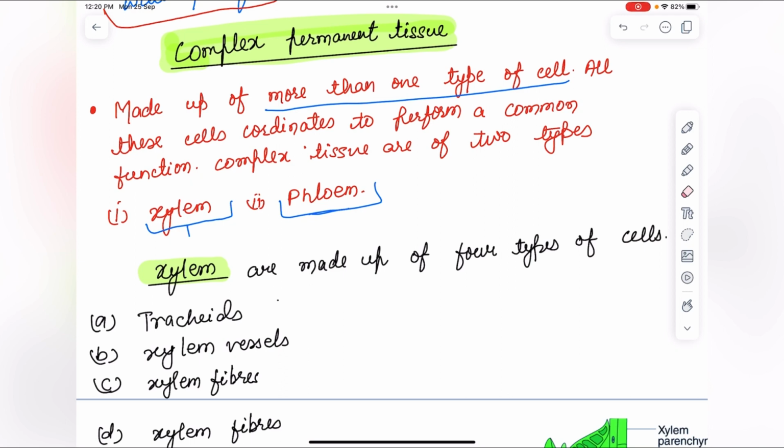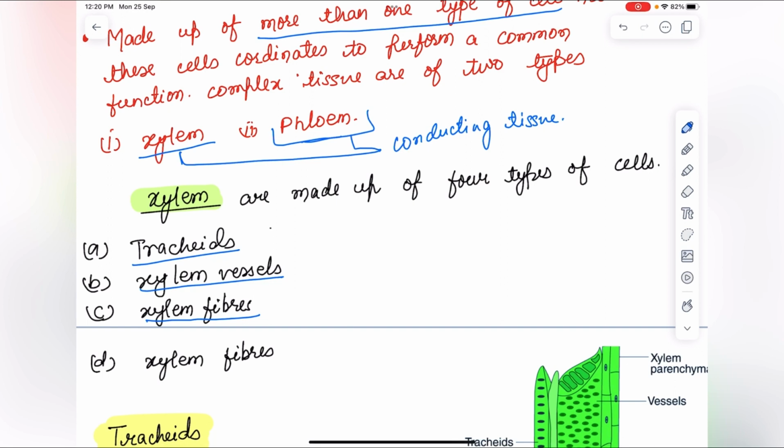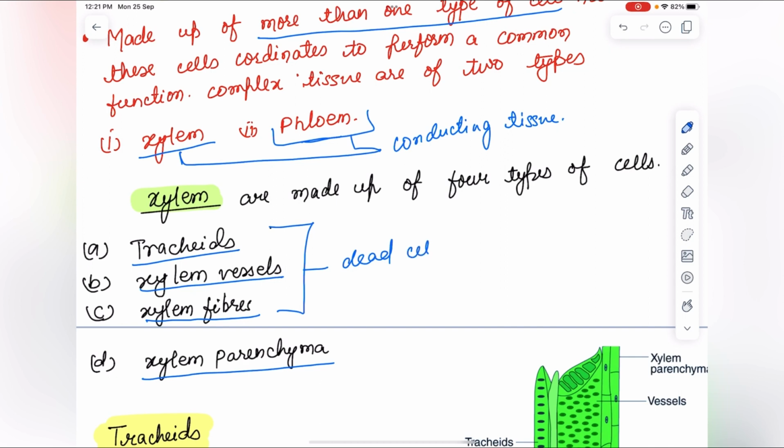Xylem is made up of four different types of cells: tracheids, xylem vessels, xylem fibers, and xylem parenchyma. These three, tracheids, xylem vessels, and xylem fibers, are dead cells, and xylem parenchyma is living.